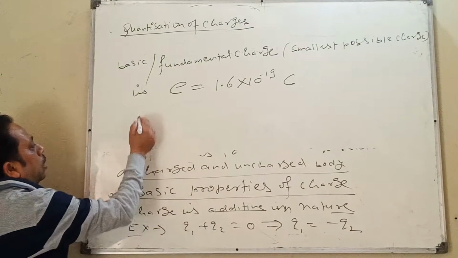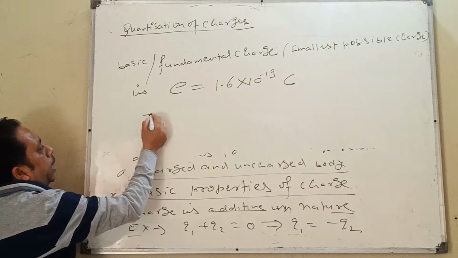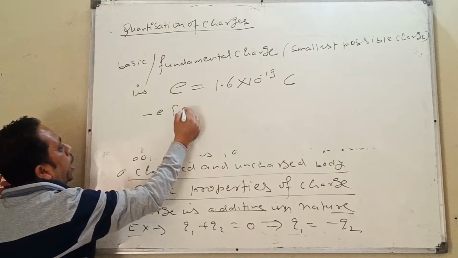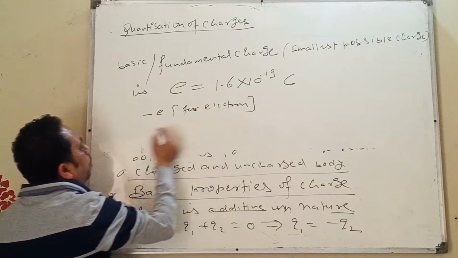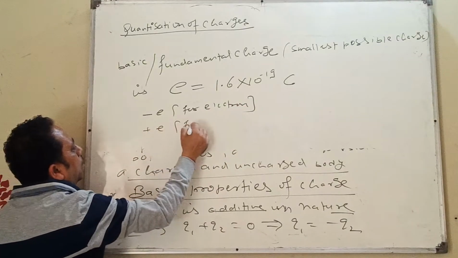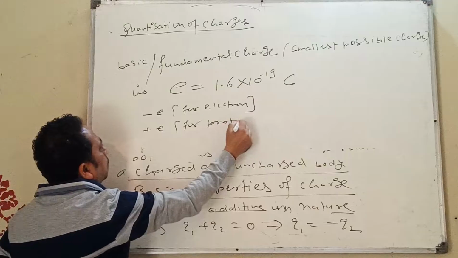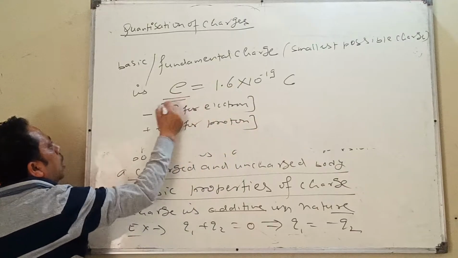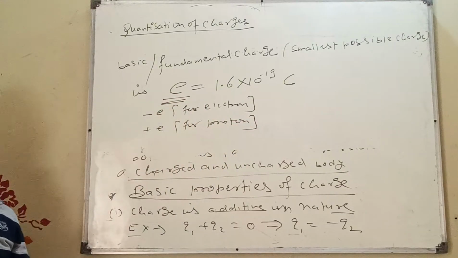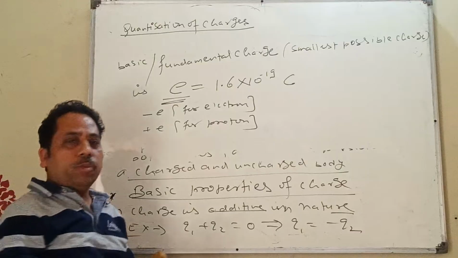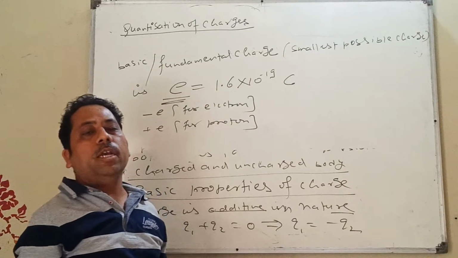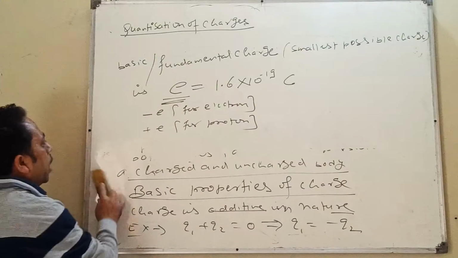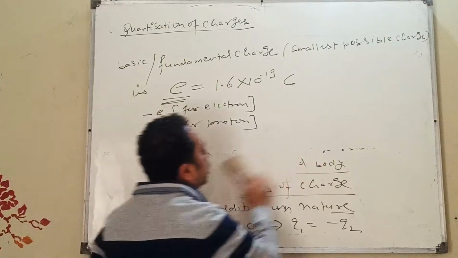It will be negative for electron and positive for proton. So this is the fundamental charge, the smallest possible charge which cannot be further subdivided. That's why it is called fundamental or basic charge.